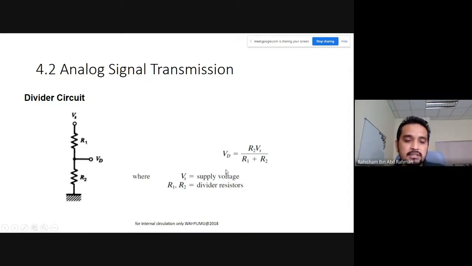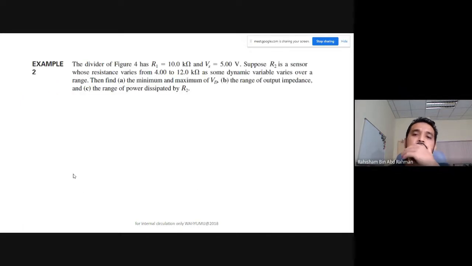At 100 degrees Celsius, it will give us, for example, 20 kilo ohms. So this value varies depending on the thermal heating, and when it varies, it will give different values to VD, because this is a variable resistor within a sensor. So next, how are we going to calculate? First, the minimum and maximum VD.